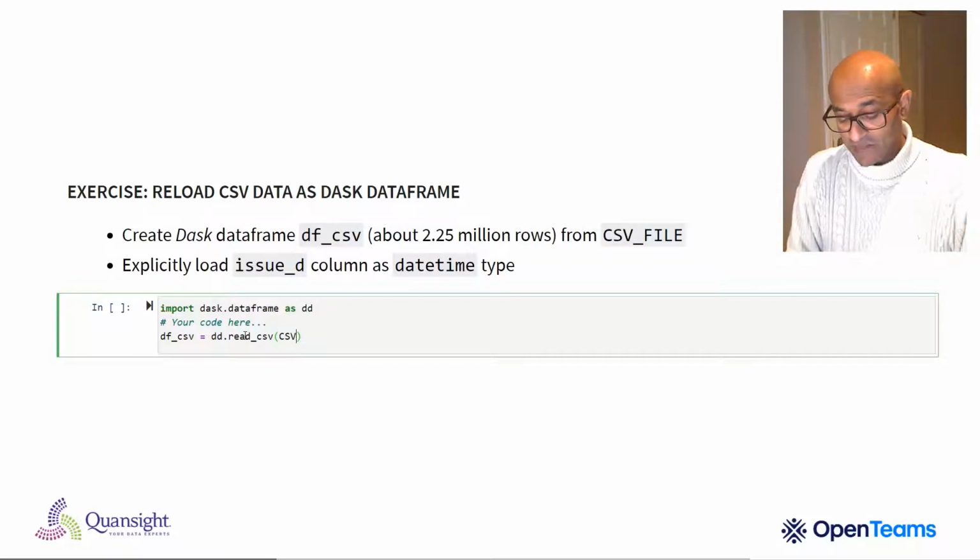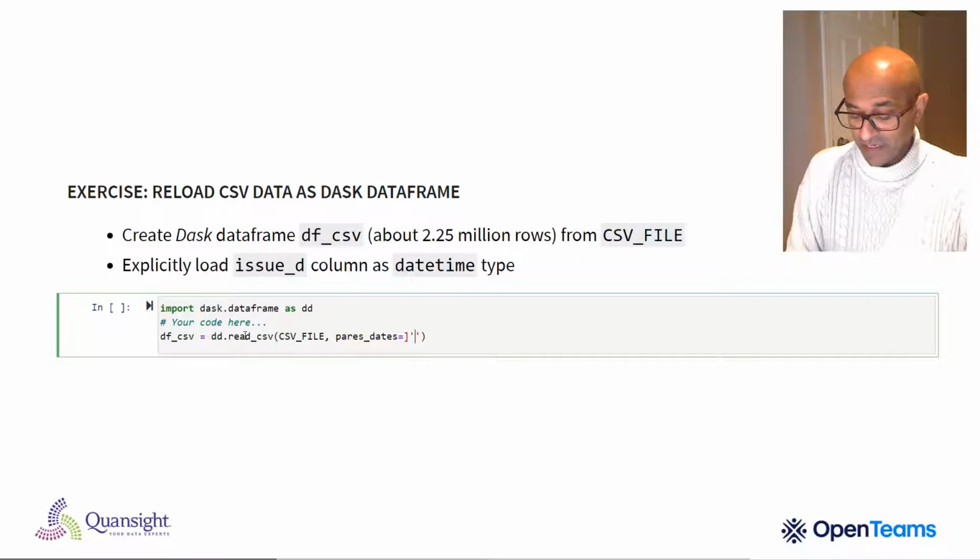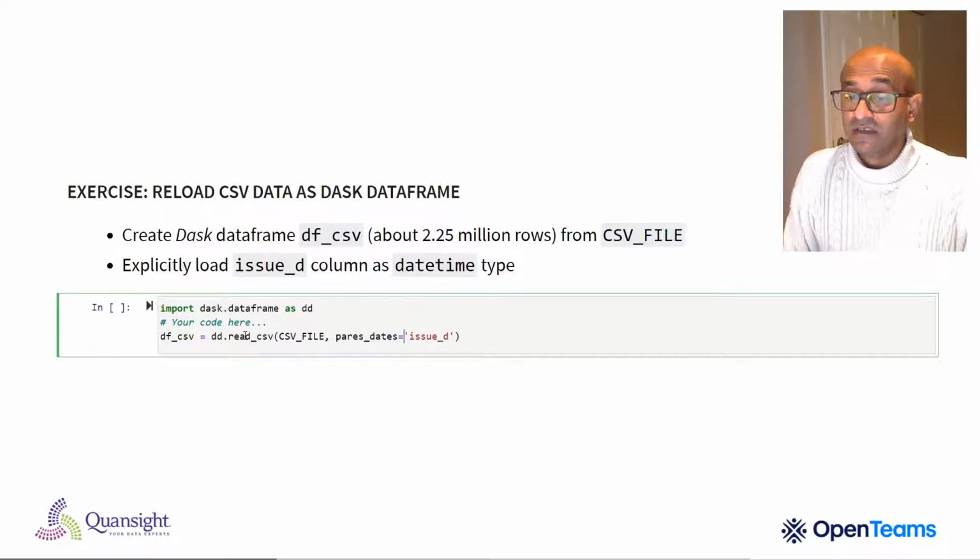We'll use the same CSV file, that identifier we had previously, and we'll also use parse_dates equal to a singleton list with issue_d. Let me make sure I get this right. There we go. So that's a singleton list, and make sure I spell parse_dates correctly.